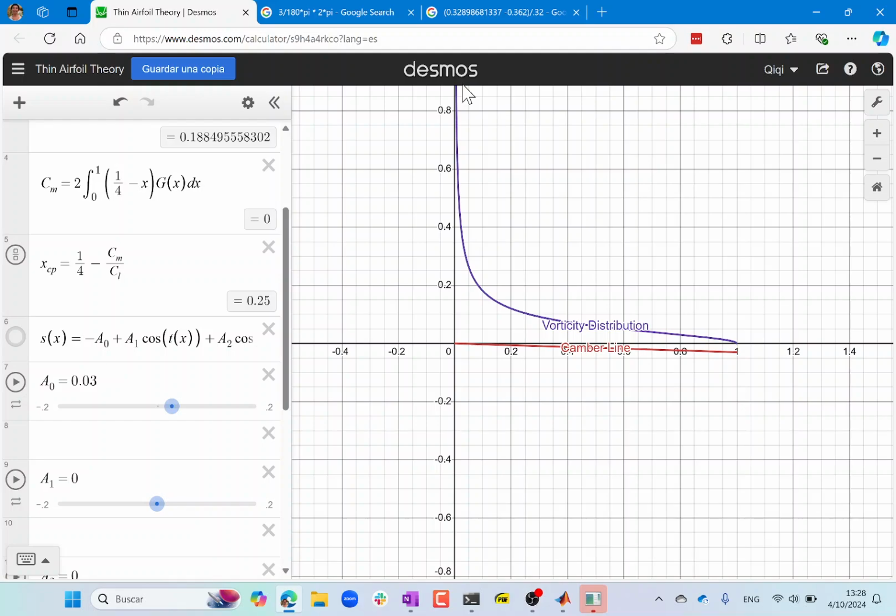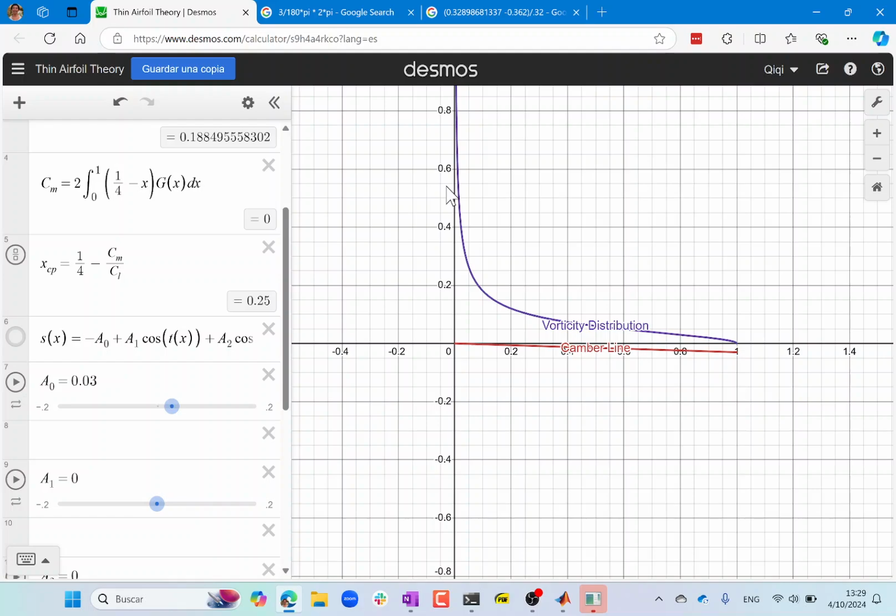And for a realistic airfoil, the pressure kind of runs down. It's not going to go to infinity, so it does not have as much lift at the leading edge. Therefore, the center of lift shifts slightly downstream from the quarter chord.